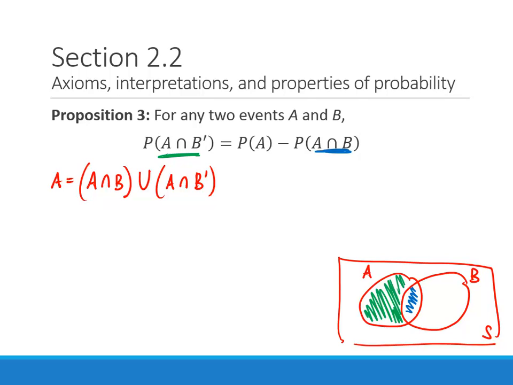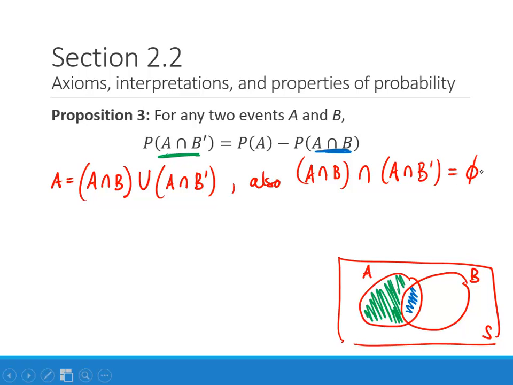And again, same trick as before. We can now note that, sorry, here we're looking at the wrong line on my notes. We can write A intersect B together with A intersect B complement. There's nothing in common there, right?